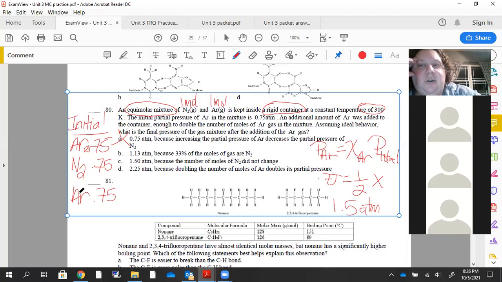There is no property of that gas involved in here. It's just, how many moles of gas do you have? We're at a constant volume and constant temperature. The only thing that's going to change is pressure. We don't care what gas you are. So by doubling the moles of argon, we're also going to double its pressure. So we get D.